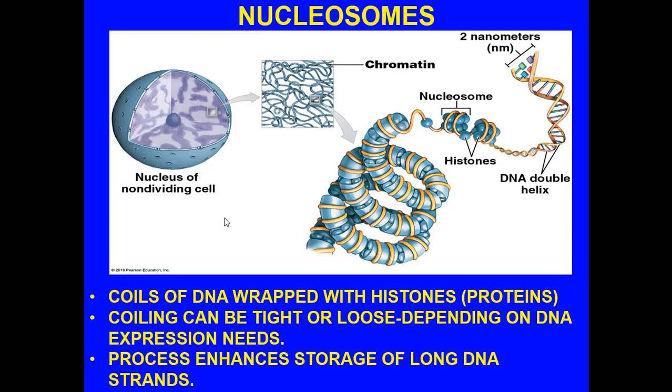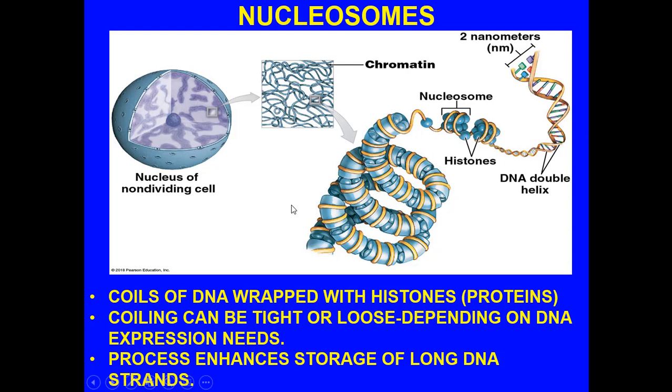The more that you coil the DNA, you will not get DNA expression there, but if you coil it and coil it and coil it further, you can basically take a very long strand of DNA and wrap it around each one of these histone spools to the point where you get it into a nice compact structure. This nice compact structure we call a chromosome.